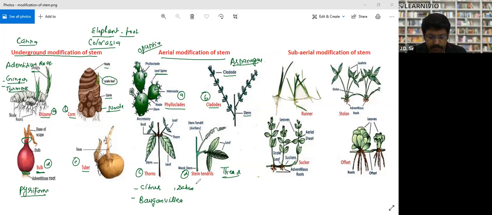Full stop. Underline this point: they may be branched or unbranched.